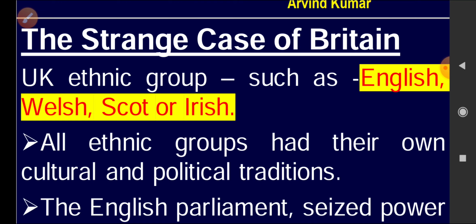People of England spoke English, in Ireland they spoke Irish, in Scotland Scots, and in Wales Welsh. All these ethnic groups had their own cultural and political traditions.